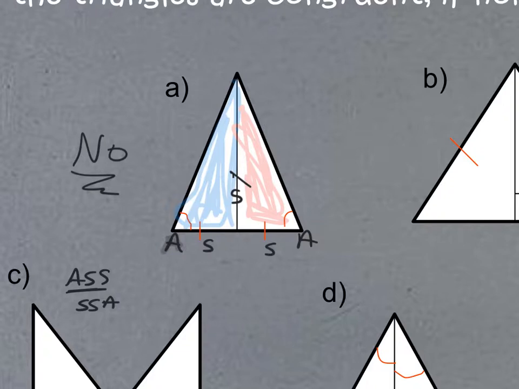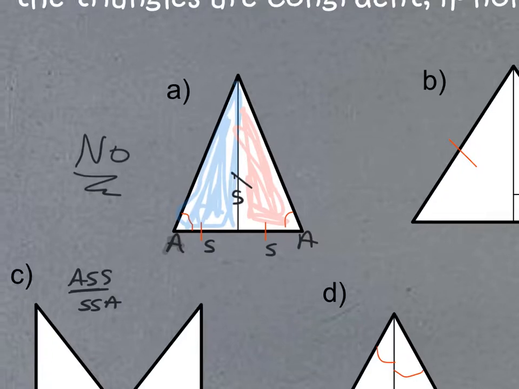Now, if it were the included angle, if the angle were down here that was given to us, then we could use side angle side. This angle that's given to us in the picture is not the included angle, so I can't show that these triangles are congruent.